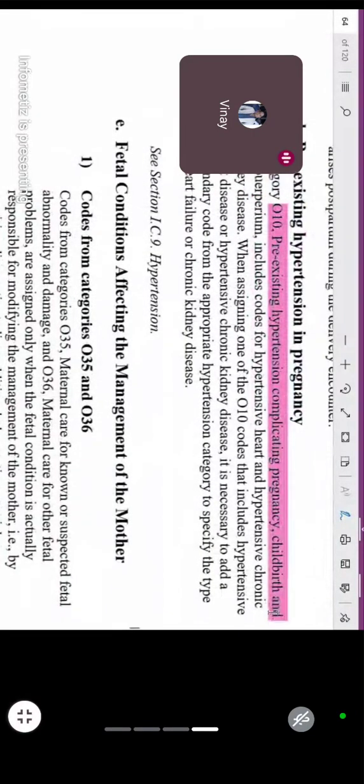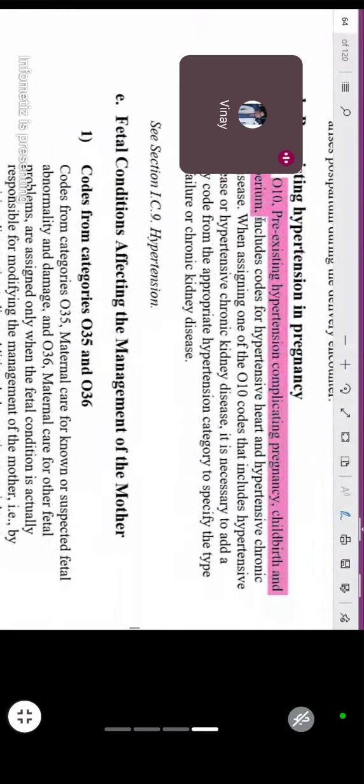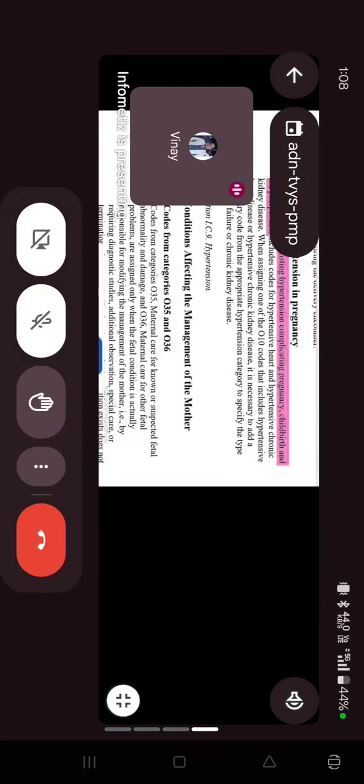See, this is the description of O10: pre-existing hypertension complicating pregnancy, childbirth, and puerperium. This is postpartum only.